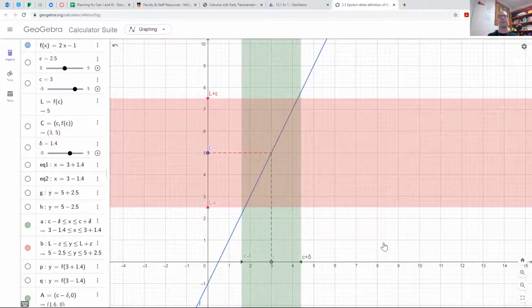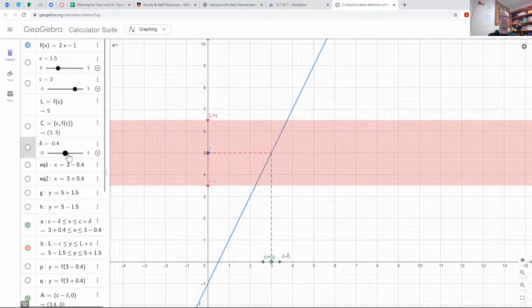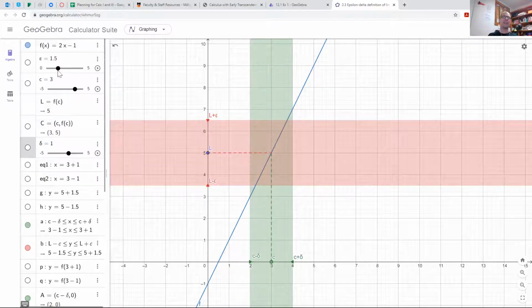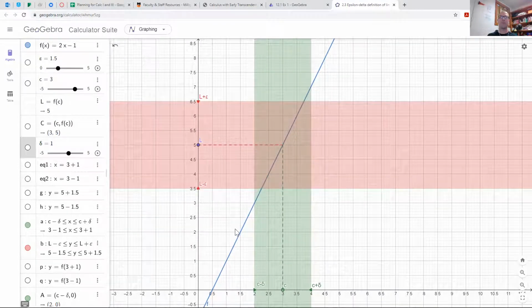And the idea is we have an epsilon bound in the y direction, and we had a delta bound in the x direction. And the idea is we can say that a limit exists when we can get arbitrarily close to L, our limiting y value there, as long as we get sufficiently close to C, our x value that we're evaluating the limit at.